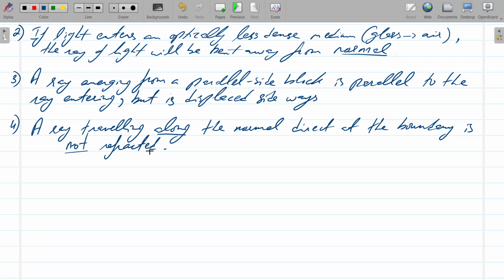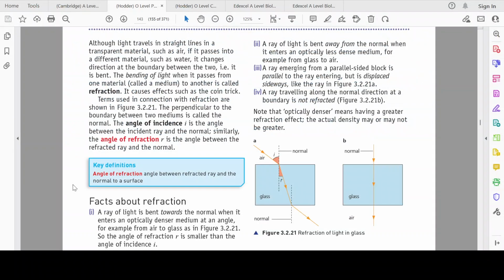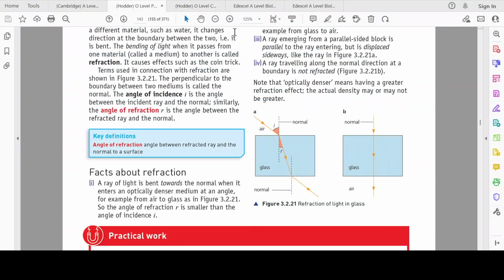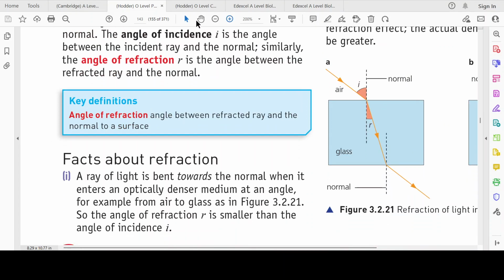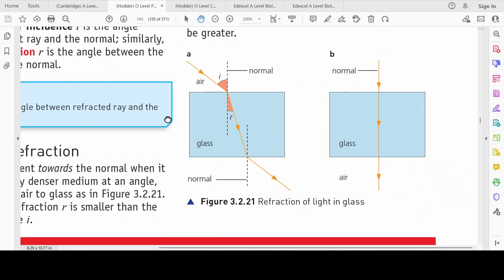Now to make sense of all of this, let's take a look at the illustration in the book. The first thing we have is the incident ray.